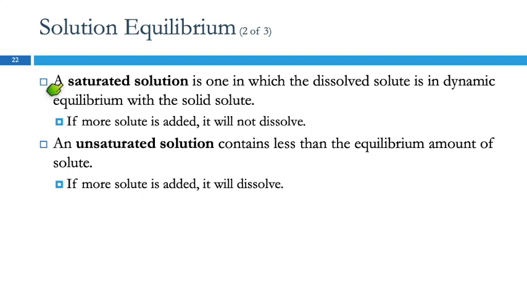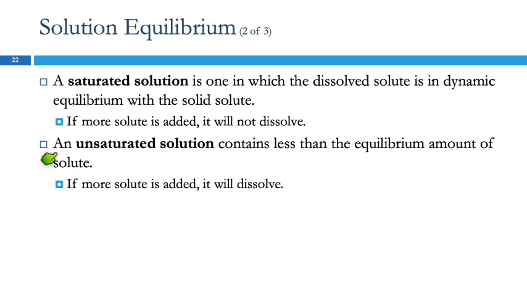For a saturated solution, if you add more solute, it won't dissolve. If you think about a sponge that's saturated with water, it's full of water, right? And if you try to put more water into it, some will just run out the bottom, right? It's full, it can't take any more, it's saturated. So here the solution is going to be saturated.